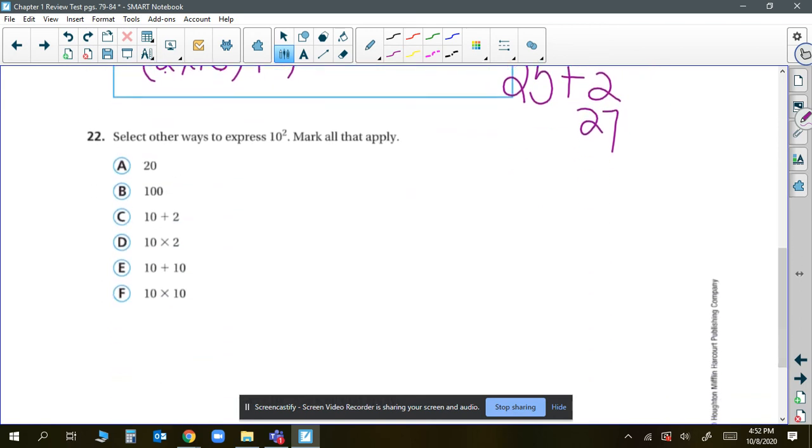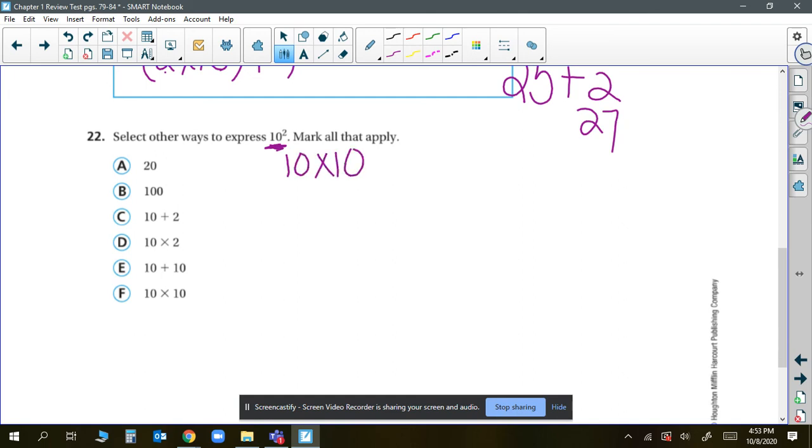Okay, our last one, select two other ways to express 10 to the second power. Mark all that apply. Okay, now be careful. Many of you have been just multiplying those two together. Please do not do that. Your math teacher will, she'll cry. Don't do it. Because remember, this would be like doing 10 times 10.